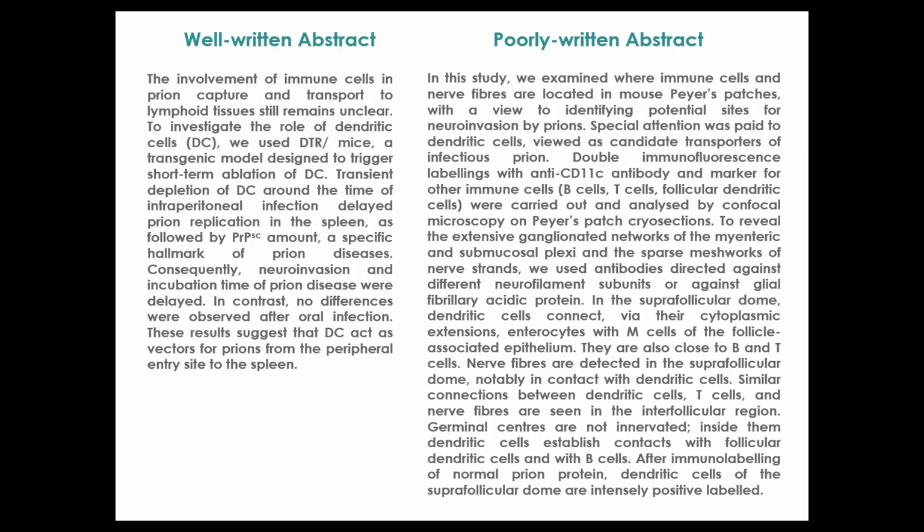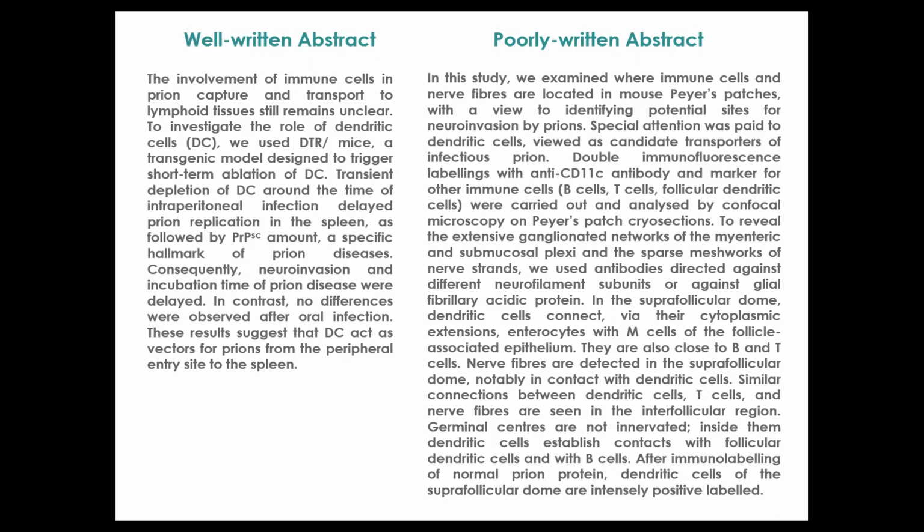They're also close to B and T cells. Then they talk about nerve cells, and they see similar connections with other cells. They find that germinal centers are not innervated, but they never really tell us what the important take-home message is. So they give a lot of technical detail, a lot of detailed results, but what was important about what they found? Okay, so let's look at the well-written version.